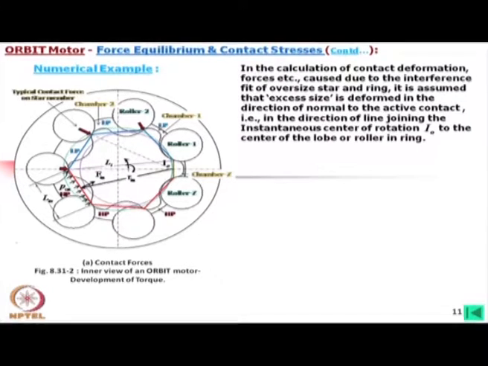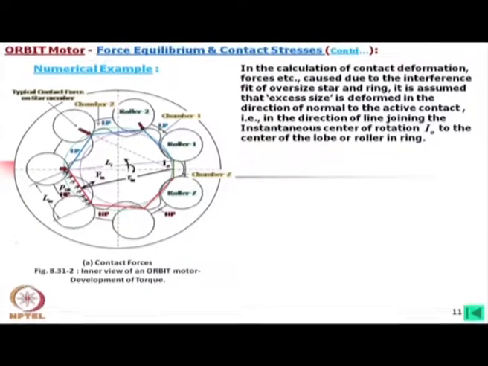So, this analysis becomes easy. In the calculation of contact deformation, forces etc. caused due to the interference fit or oversized star and ring, it is assumed that the excess size is deformed in the direction normal to the active contacts, that is, in the direction of the line joining the instantaneous center of rotation to the center of the lobe or roller in the ring.